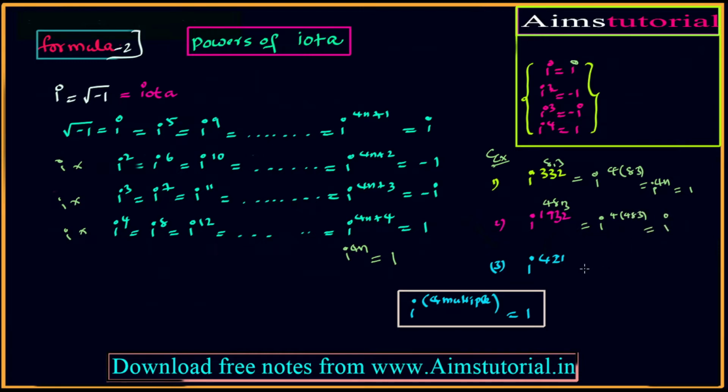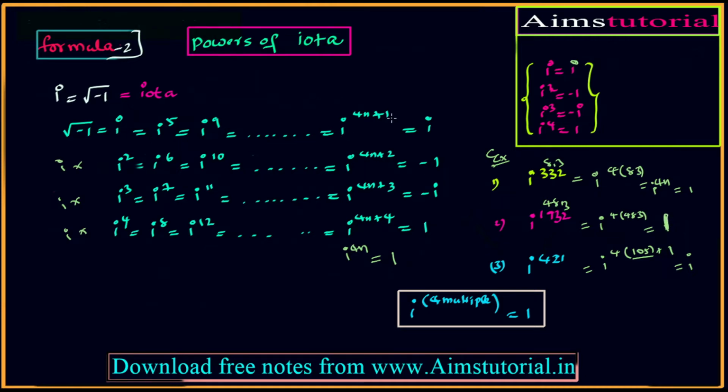Now what about 421? If you take 4 common, 4 5s are 20, plus 1 remains. So 420 means we can write 105 4s, and also 1 remains. So this is in the form of 4n plus 1, which is nothing but our i. So this is i only, sorry.